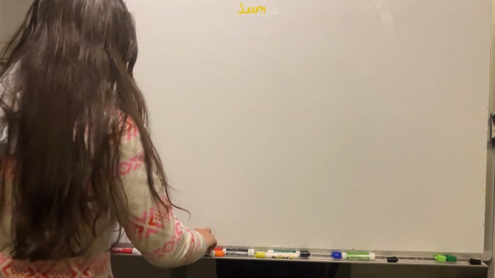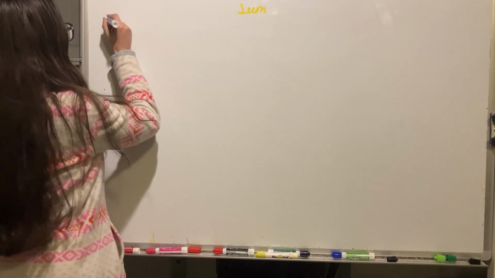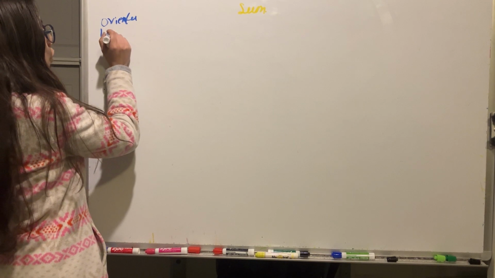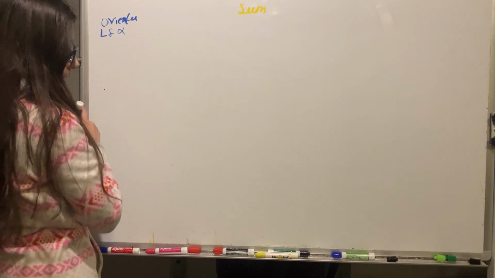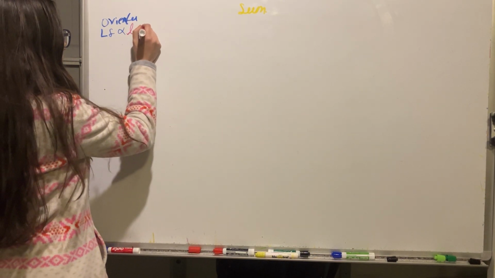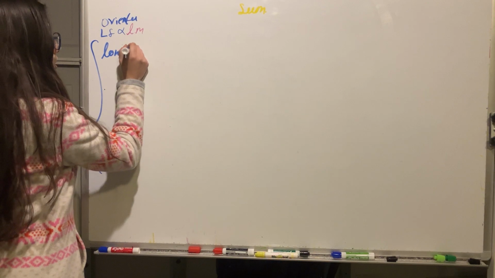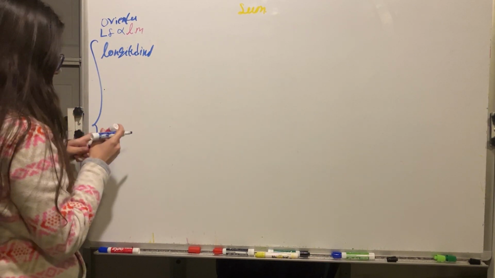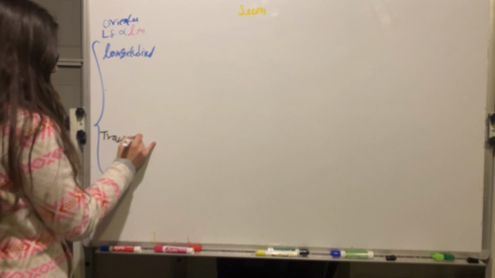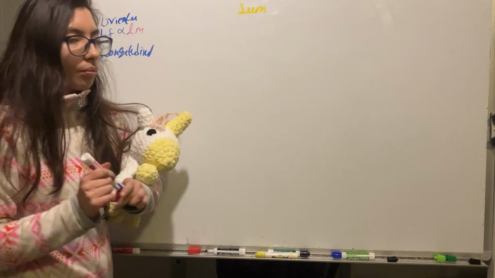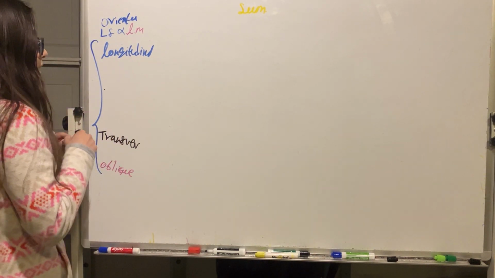So we have the orientation, which is the relationship of the longitudinal axis of the fetus with the longitudinal axis of the mother, and we can have longitudinal orientation, or we can have transverse orientation, or we can have an oblique orientation, but remember that this is a transitory orientation. So basically it's longitudinal or transverse.